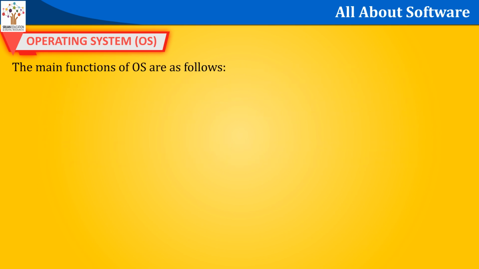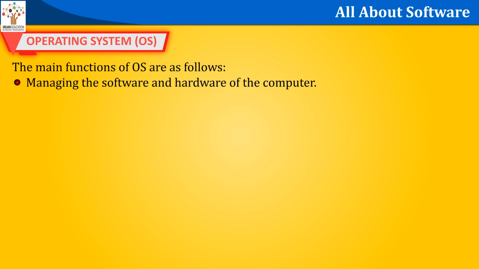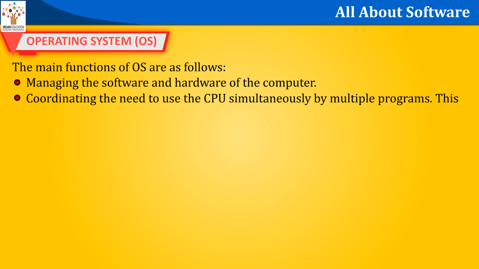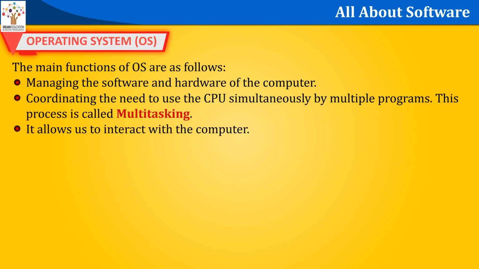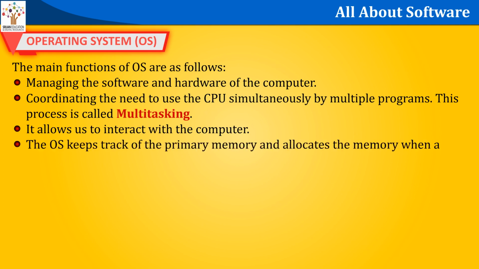The main functions of OS are as follows: managing the software and hardware of the computer, coordinating the need to use the CPU simultaneously by multiple programs. This process is called multitasking. It allows us to interact with the computer. The OS keeps track of the primary memory and allocates the memory when a process requests it.